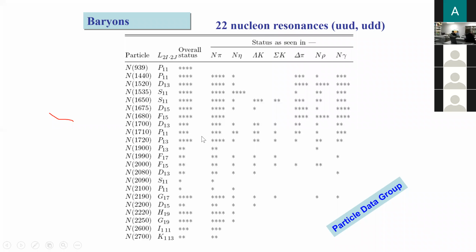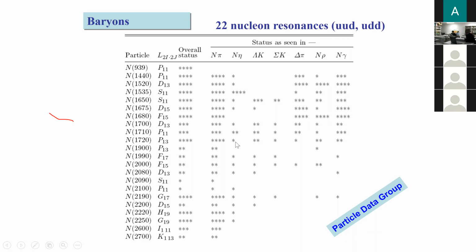And the star means their status. Four-star means they are very well established. Three-star is well established. Two-star means that their status is not so determined. One-star is just some very brief signal that has been seen in a single channel.